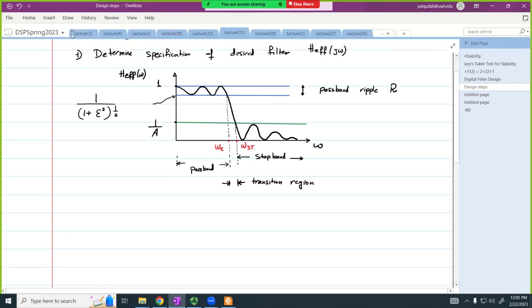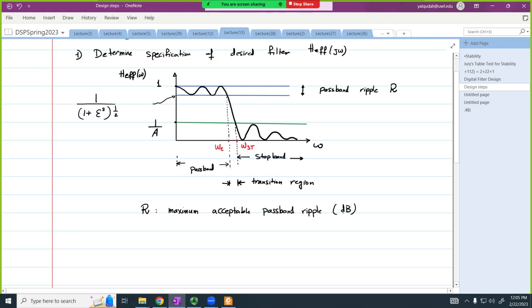So this is going to be our reference for all the filters that we're going to be designing. R is the maximum acceptable passband ripple, and we're going to define this in dB.